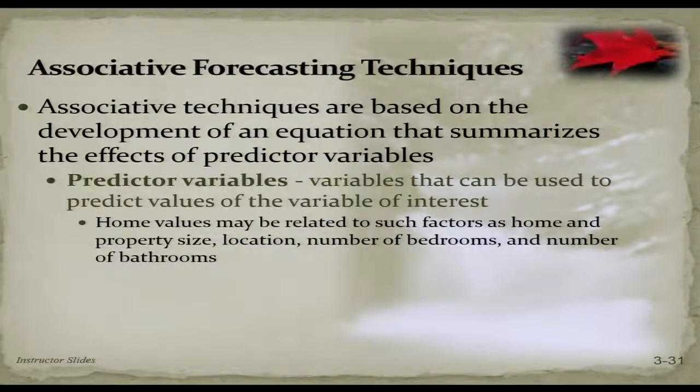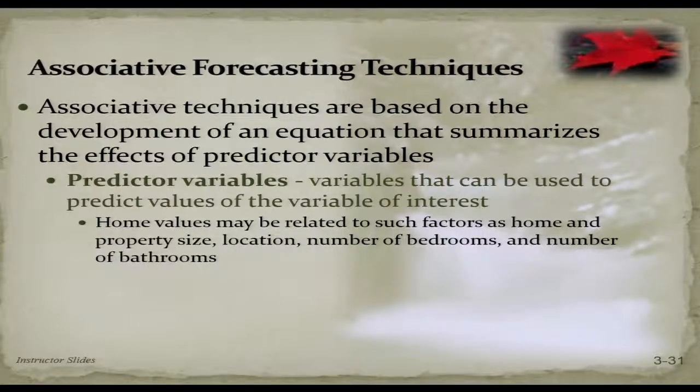If you have three variables here, we can add them to the function. For example, home value. I'm not sure, but you guys are pretty young, so most of you probably have not owned your own homes. But you must know that home value is related to many factors: size, location, number of bedrooms, number of bathrooms.